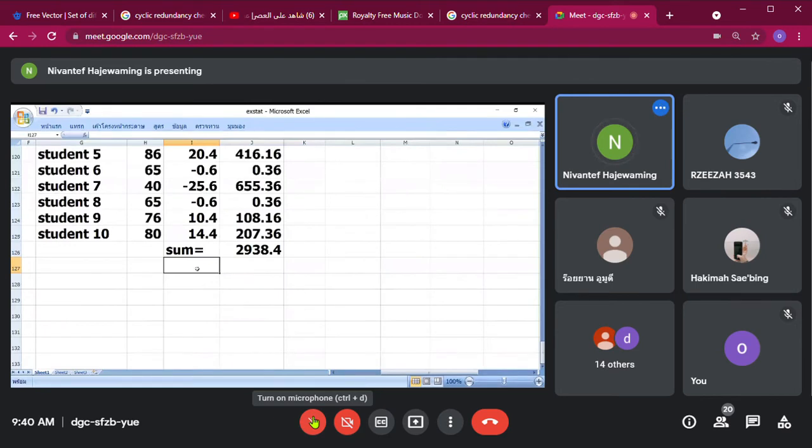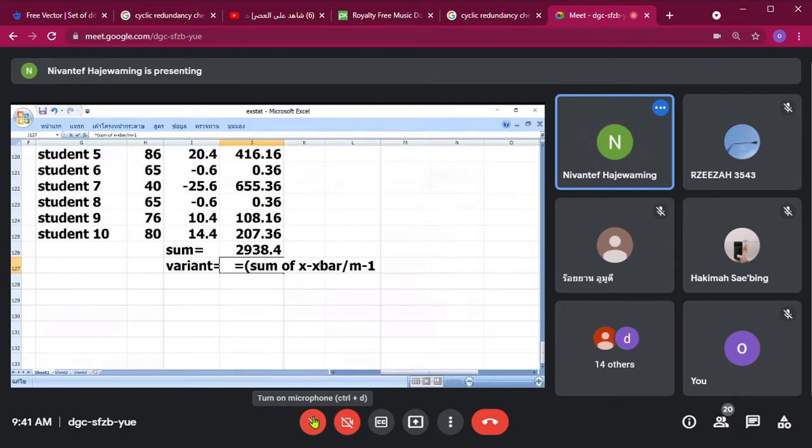This one you get variance. Variance is equal this number, the sum of x minus x bar squared, divided by n minus 1.